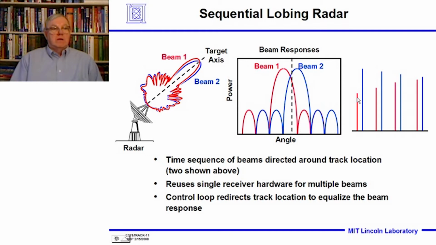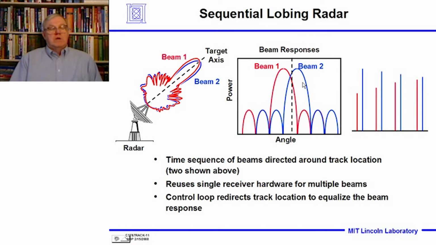And as we move the center between the two beams over a little bit, shifting it to the left, you'd have a little less amplitude from beam 2 and a little more from beam 1, and then you do it a third time, and when the two beams are giving equal amplitude, then you know the target is exactly between the two beams.